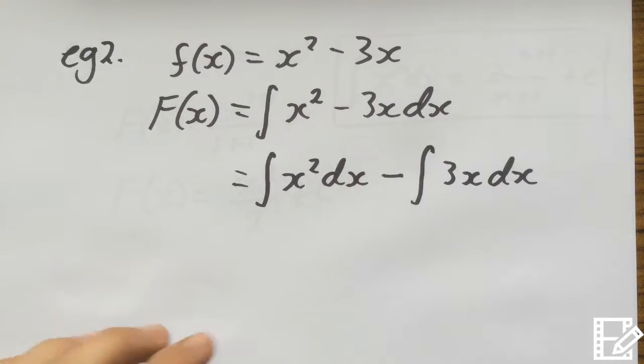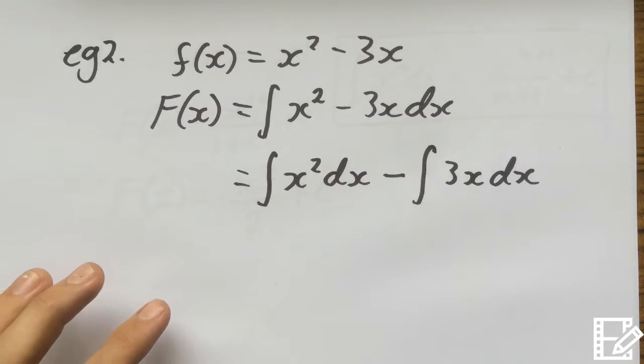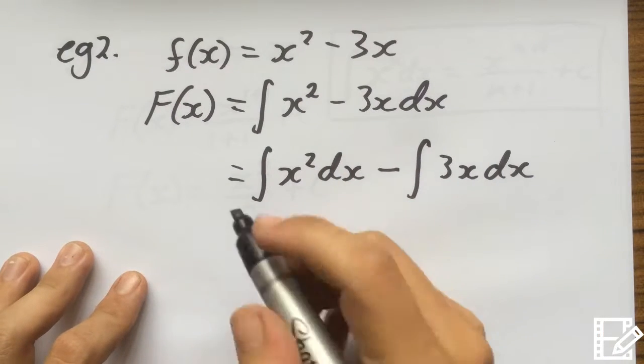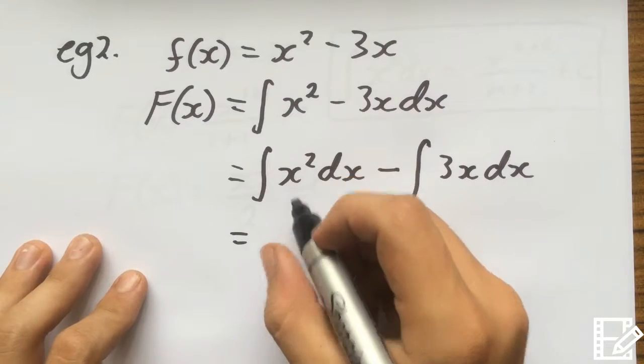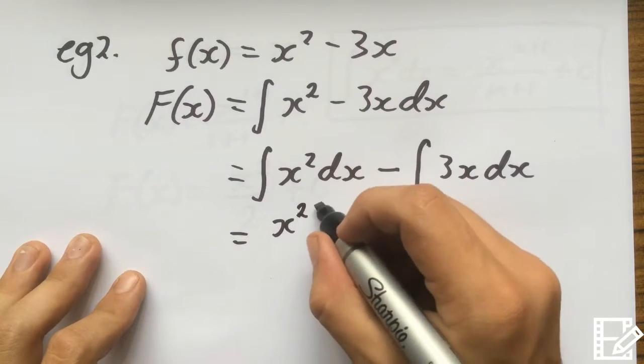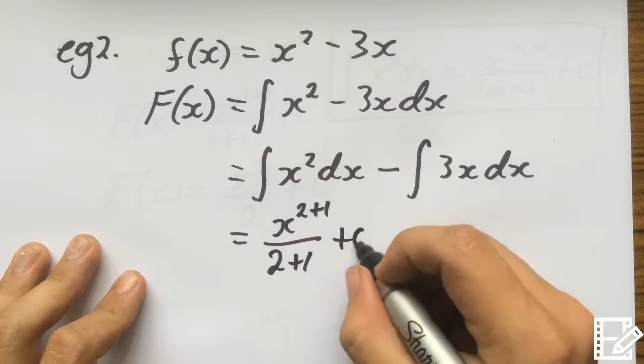In this case they've got a minus sign, but if it had an addition sign we could do the same thing. So we're going to find the integral of each one separately. So the integral of x to the power of 2, just like before, we add 1 to the power, divide by the new power, add c.